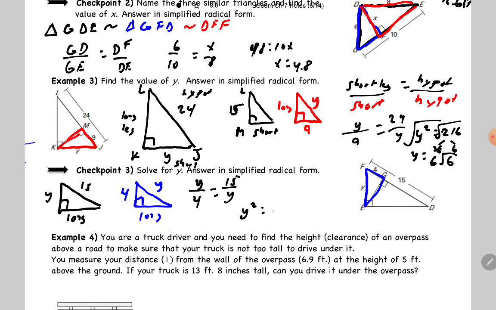So y squared equals 60. And the square root of 60 is... well, 60 can be broken down into 15 and 4. Square root of 4 is 2. And we're left with 15 inside.